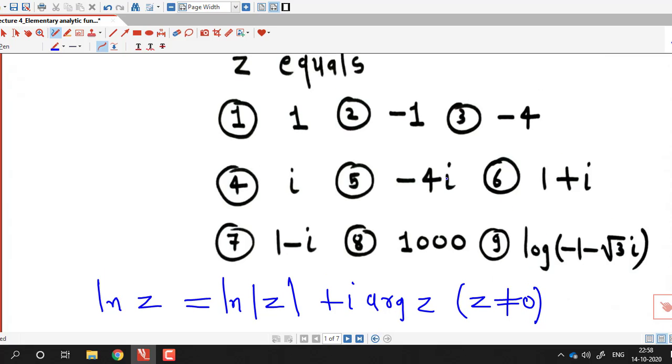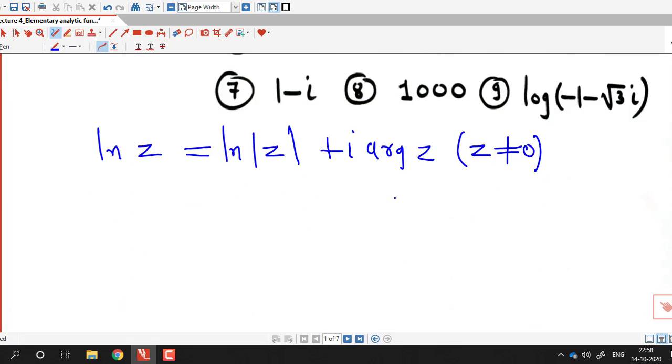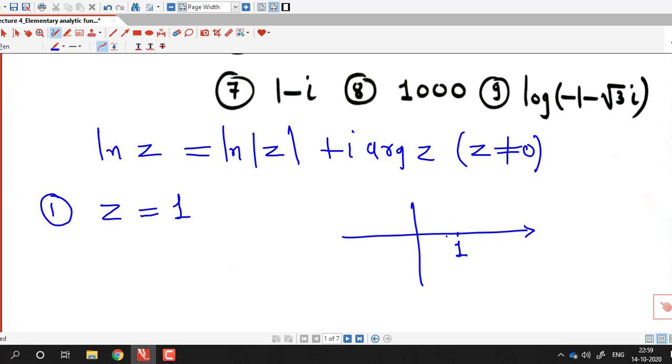The first complex number given is 1. So we start by taking z equal to 1. As we know, z equal to 1 is on the positive real axis, and it is obvious that the absolute value of z is 1.